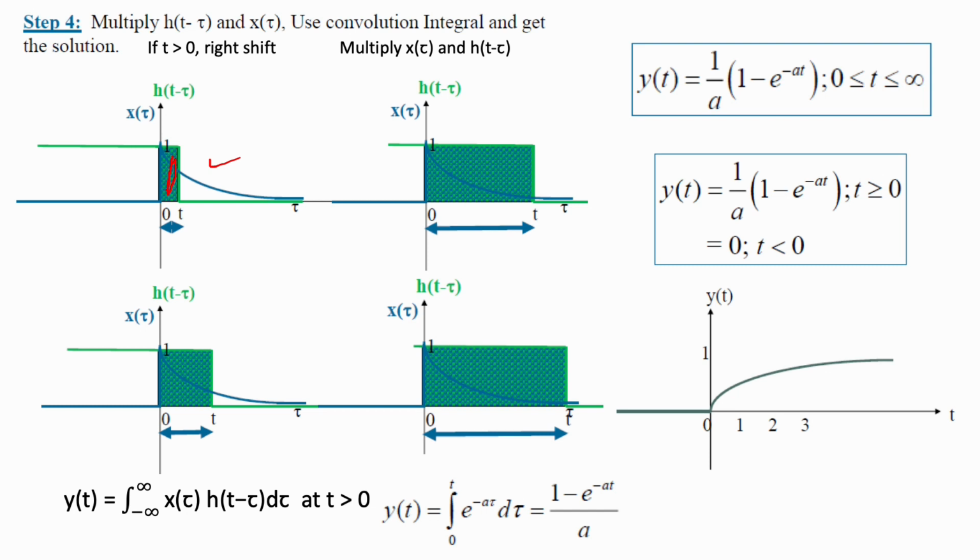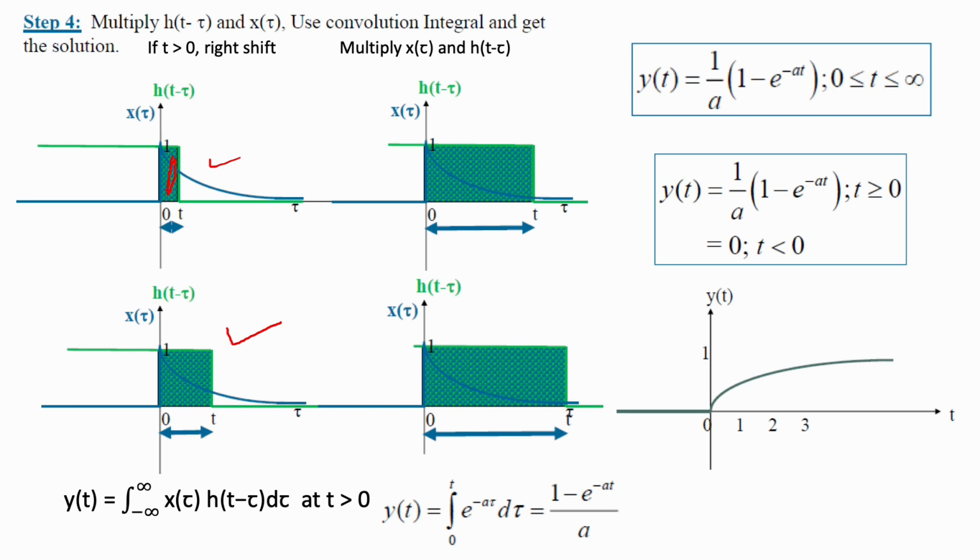Now similarly, if you shift the signal a little bit, you will get this part. If the signal is moved towards the right, the common area is a little bit increased, but the amplitude remains the same and the limits remain the same.